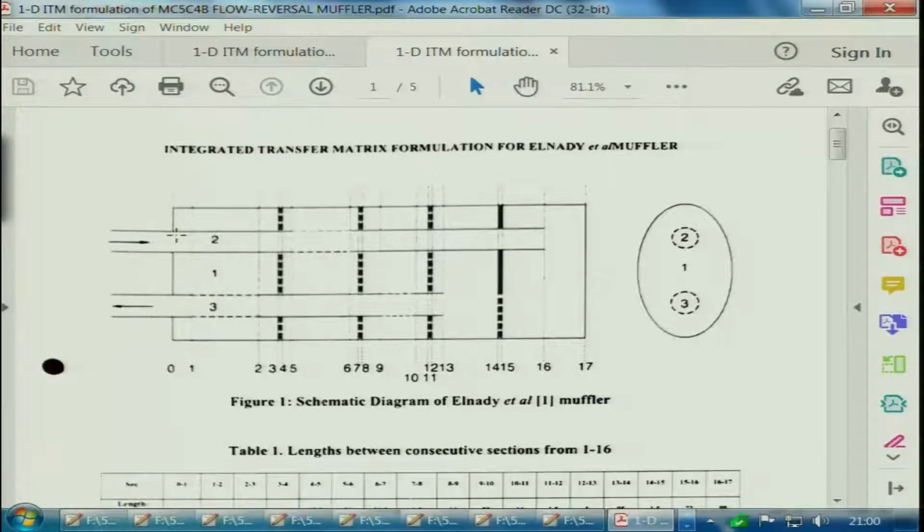Let us consider this muffler configuration. This was analyzed by El-Nadi from Egypt and his colleagues elsewhere in Europe, and this configuration promises to deliver very good transmission loss performance, especially in the low frequency region where other mufflers do not do that well. Because of the perforates, even though it is a cross flow configuration, back pressure is also not that high.